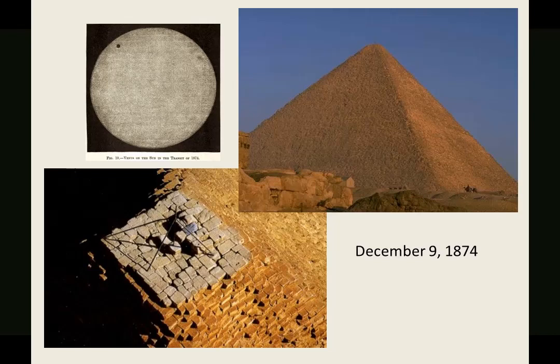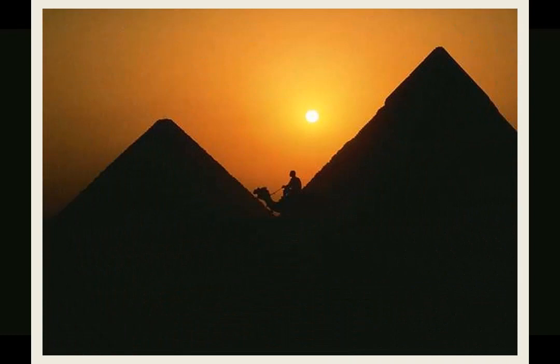So they put this wooden structure on top, and the top of the wooden structure is supposedly about where the top of the original pyramid was, so that they could measure Venus passing in front of the sun and find out for the first time, maybe not the first time, maybe the Egyptians did it, but find out how far the Earth was from the sun. So there's the sun there and the famous sunset shot through the pyramids.